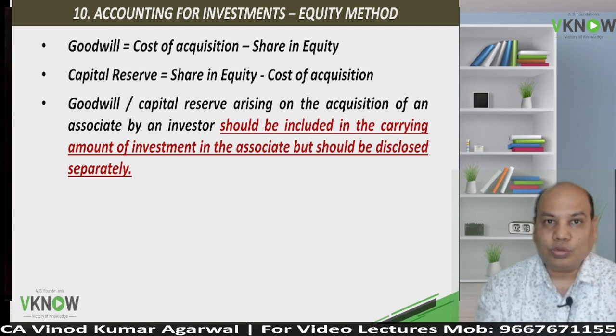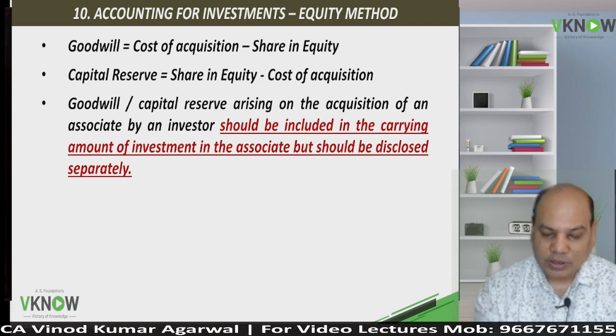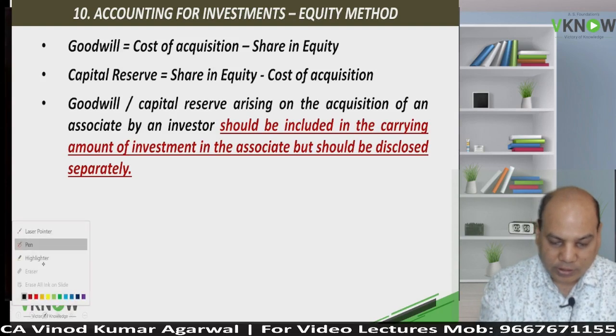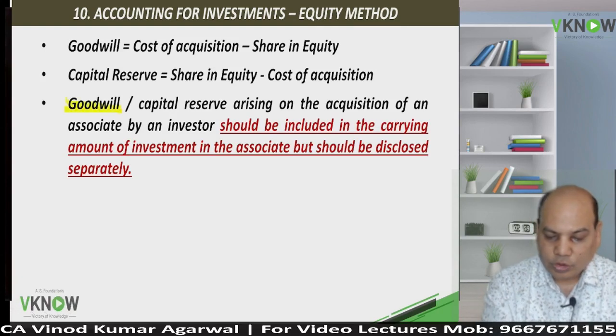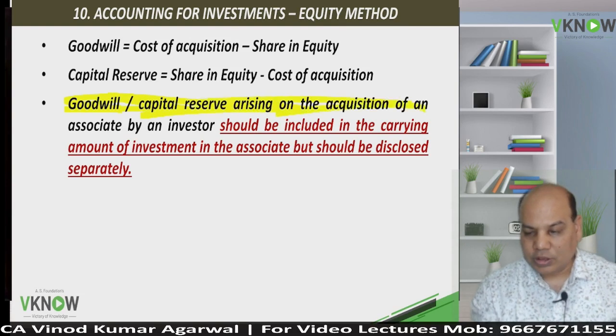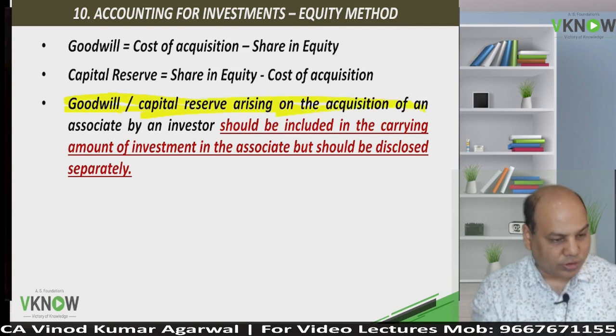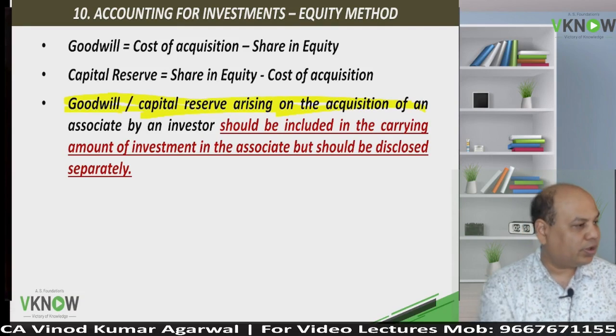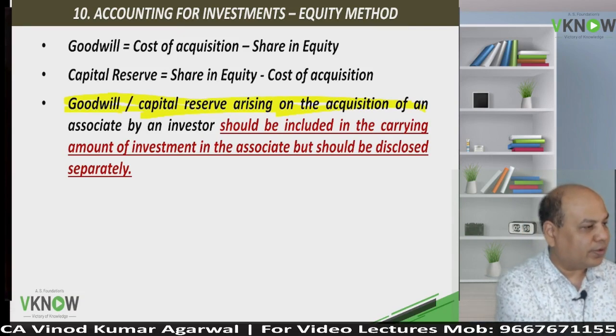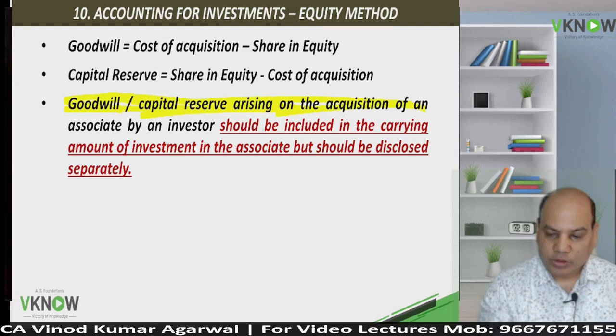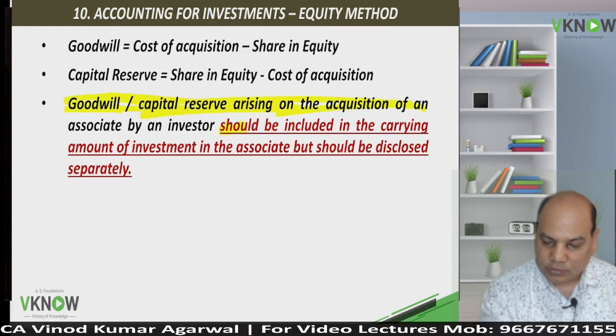Now, how to present goodwill or capital reserve? Very, very important paragraph. Goodwill or capital reserve arising on the acquisition of an associate should be included in the carrying amount of investment in the associate.